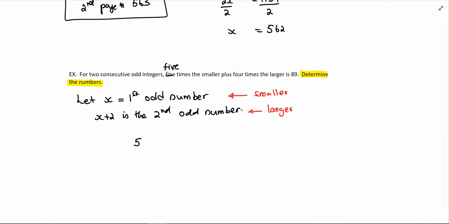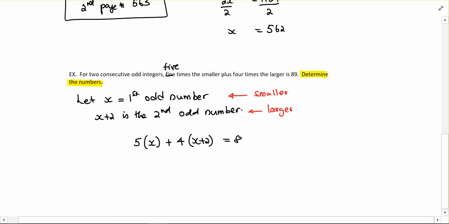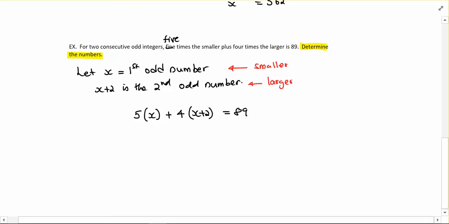So 5 times the smaller, that would be x, plus 4 times the larger, that would be x plus 2, is 89. So now it's an equation. Let's simplify the left side. 5x, distribute here, 4x plus 8 is 89. That would be 9x plus 8 is equal to 89.